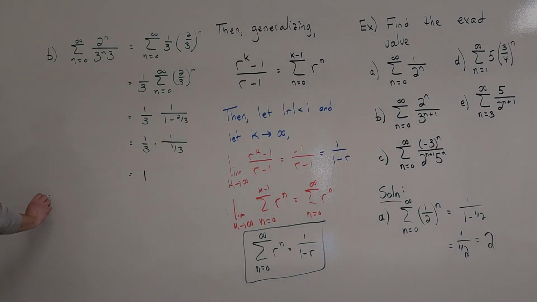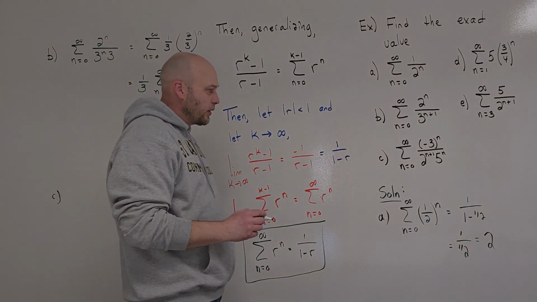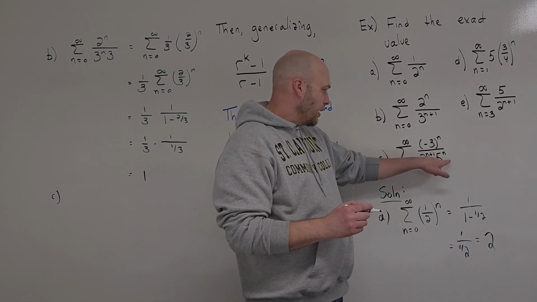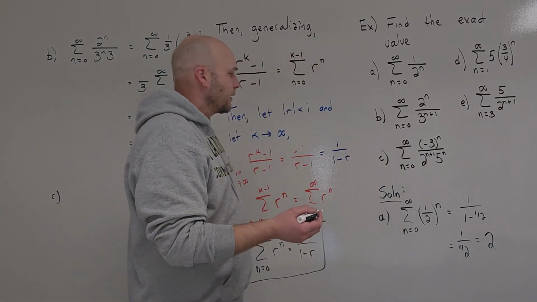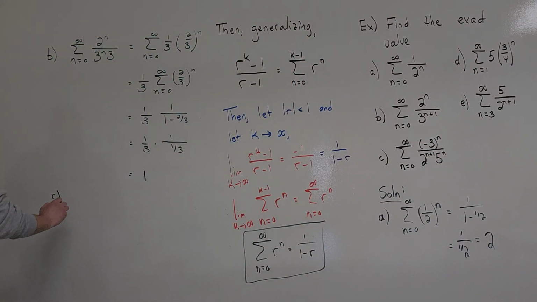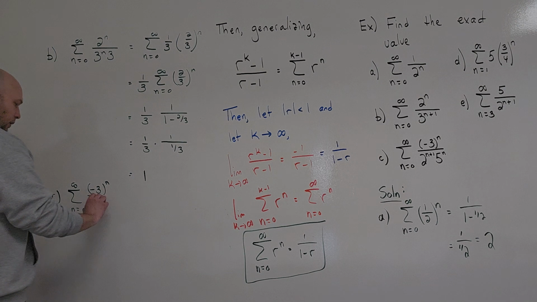Part C. What are we going to do here? Well, in this case, I've got 3 different locations where I have a power of n. Let's rewrite that as follows. Sum n equals 0 to infinity. I would have minus 3 to the n, so I'll leave that alone for the moment.